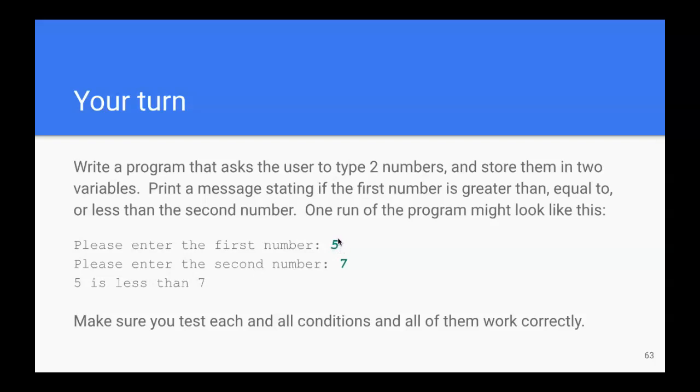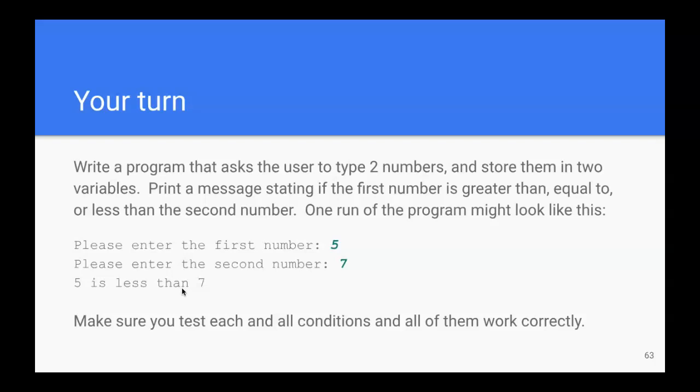Now, let's say the user types in the first number as 10 and the second number is still 7. Then your program should print out 10 is greater than 7. And if the user types in two numbers that are equal, then your program should say the two numbers are equal.